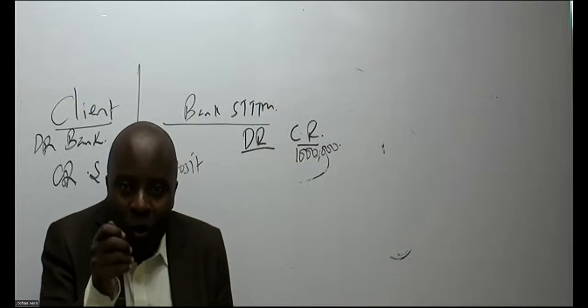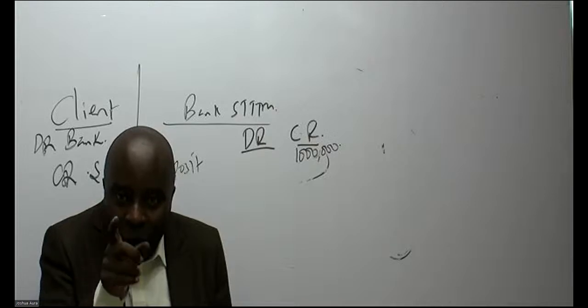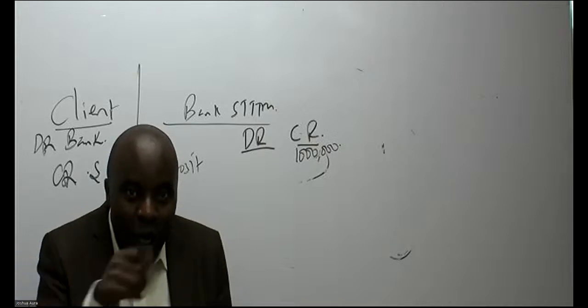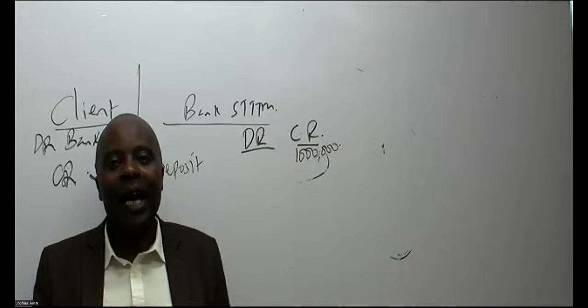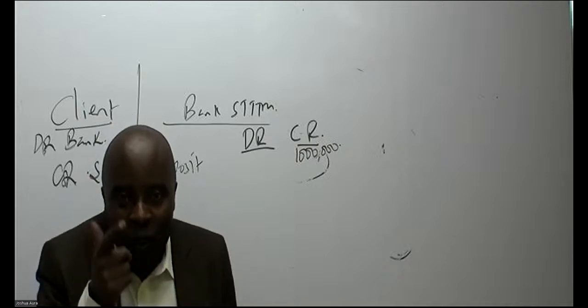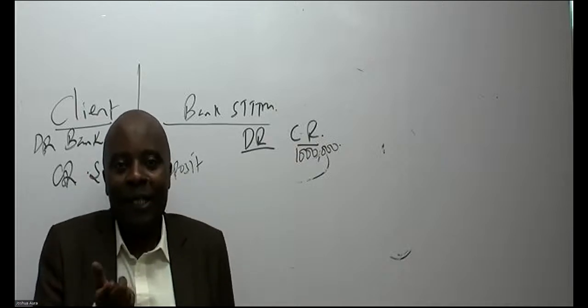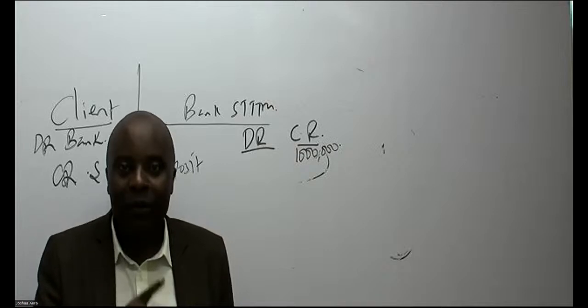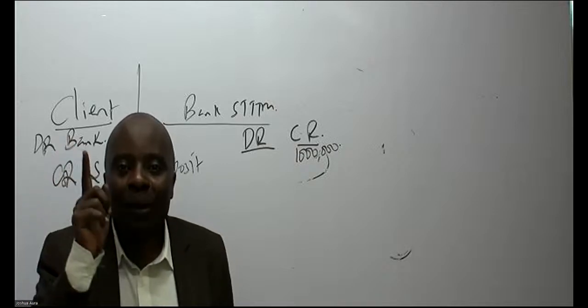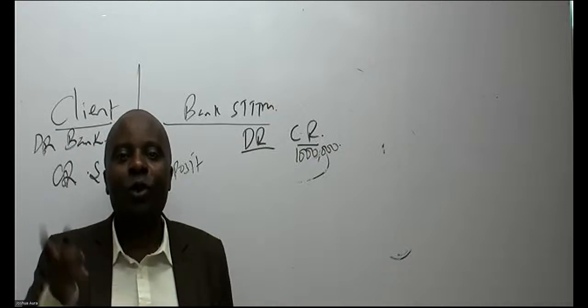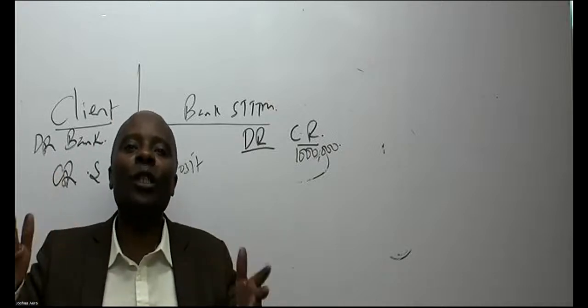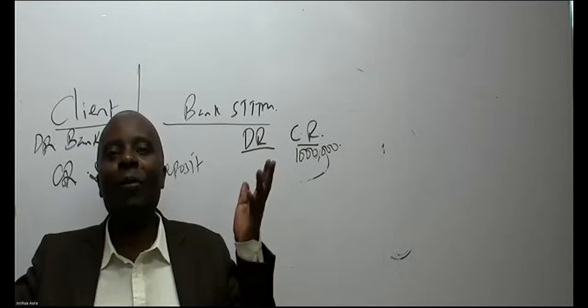So then what do you do when you get your bank statement? Now that you know that you have got some money there, you add back. Unrecorded lodgements must always be added back. Unpresented checks are checks that you issued yourself and have not been presented by your suppliers of services or goods. You know that at the end of the day they will hit your account. These people are clever.